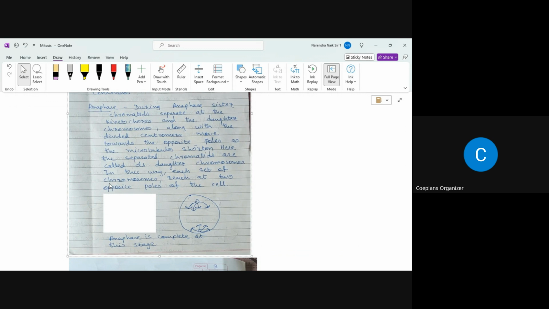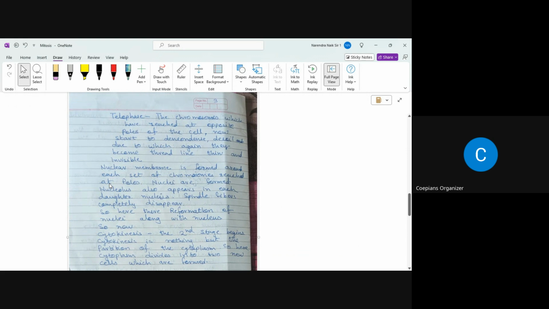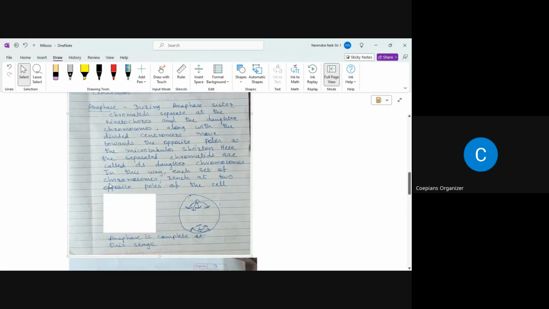As the microtubules shorten, these fibers contract, so the chromosomes are pulled upwards. Here, the separated chromatids are called daughter chromosomes. From here onwards, we are going to refer to them as daughter chromosomes.